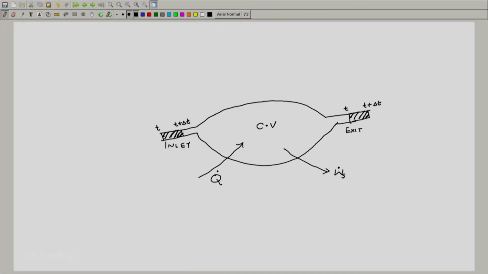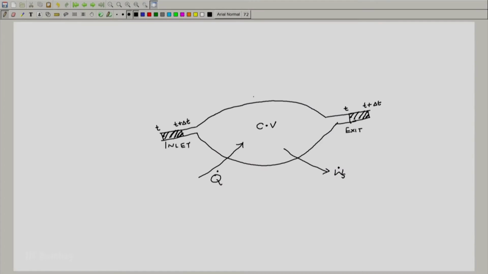These two plugs are not part of the control volume, but we have added them, and you will realize that we can create a closed system with the control volume and one of the plugs. For example, I can have a control mass system, that is a closed system, which includes the volume in this control volume.